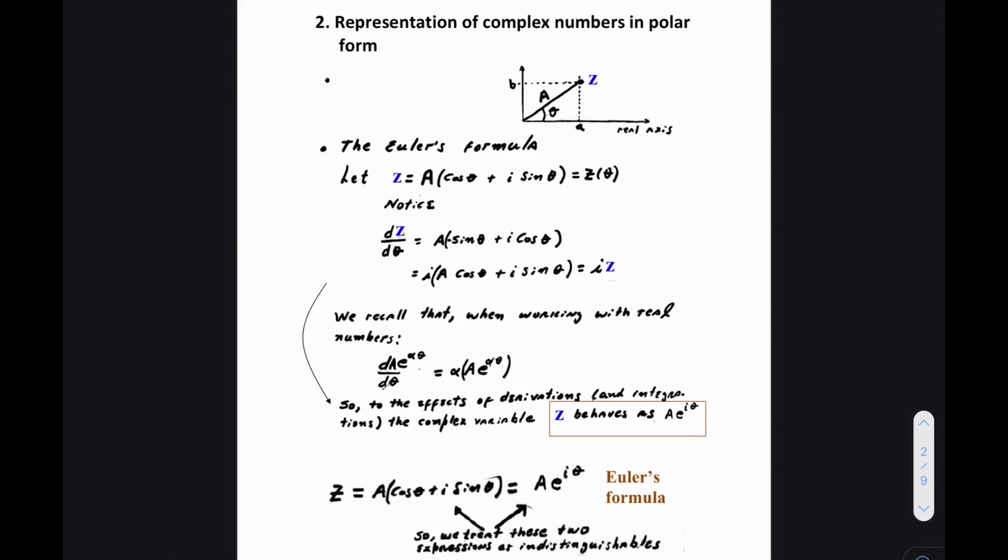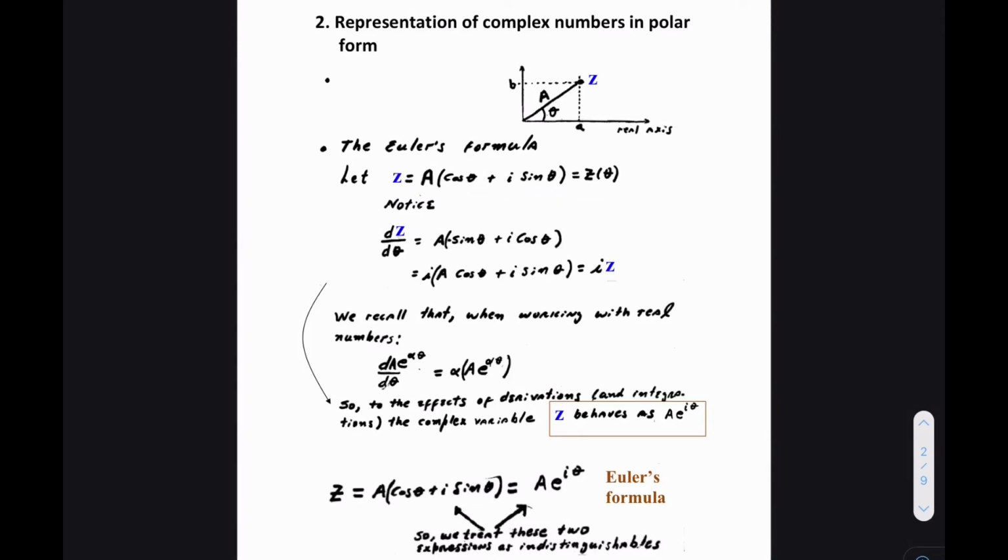And the imaginary part is simply a sin theta. So here is i times a sin theta. So you see, we can write down complex numbers using these notations.